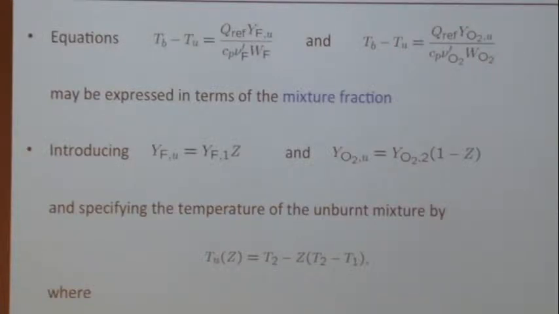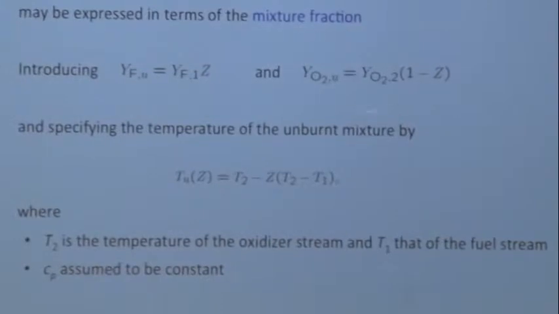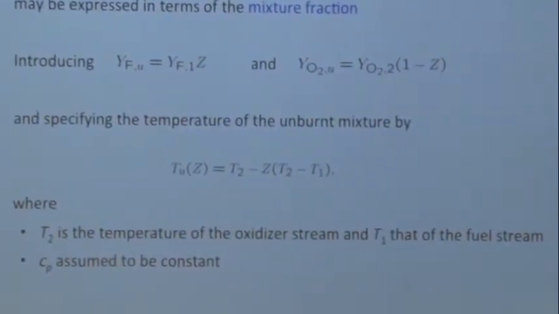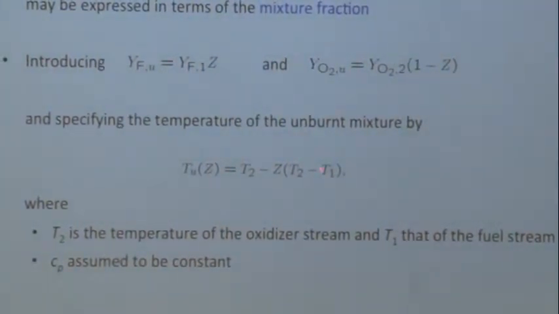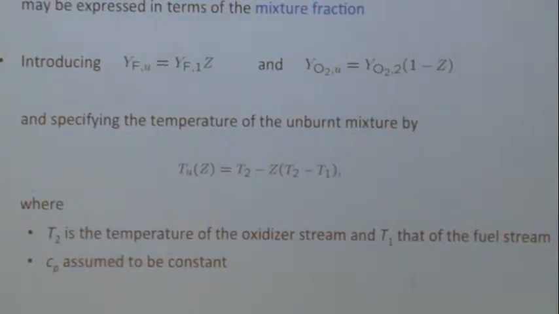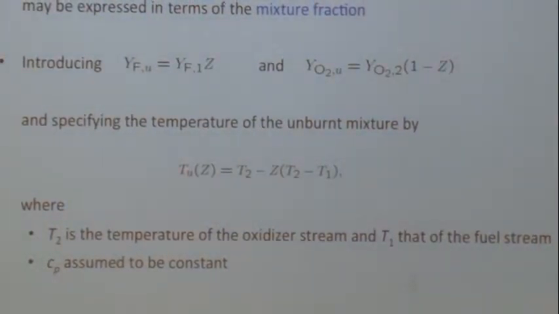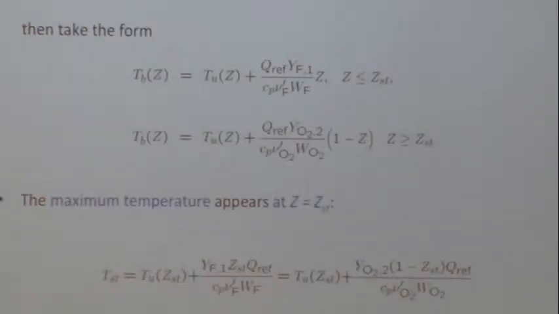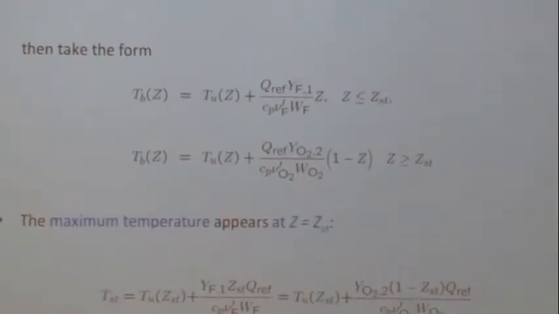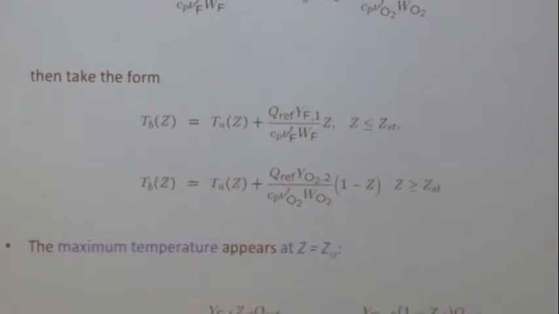Tu is the unburned temperature at a given mixture fraction. Think again, you have a fuel stream and an air stream, and you mix them together. So this here is just the mixing temperature of both of these, assuming that Cp is constant, otherwise this wouldn't work. So I use this here for Tu, and then I get this expression here for lean and this expression here for rich.